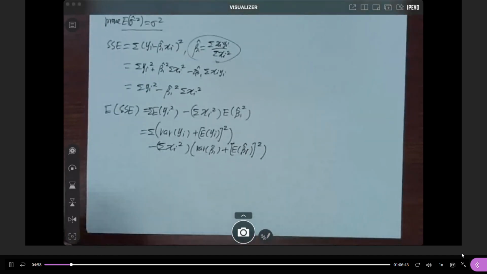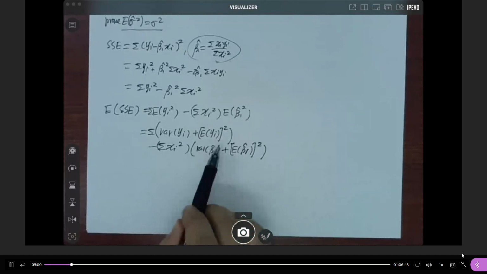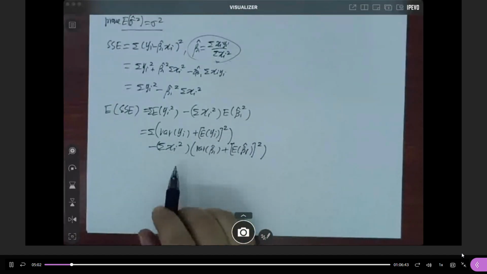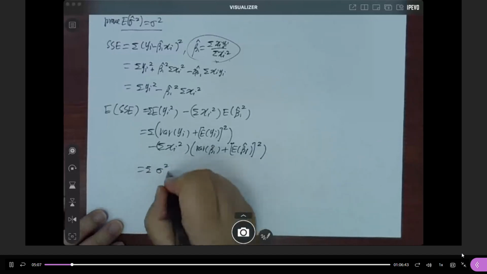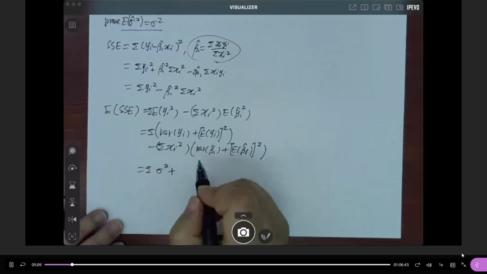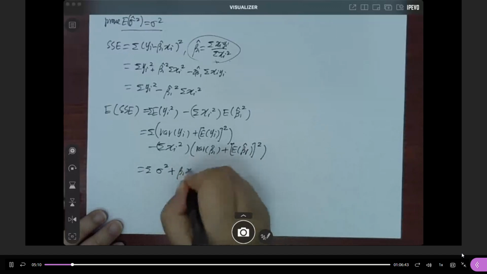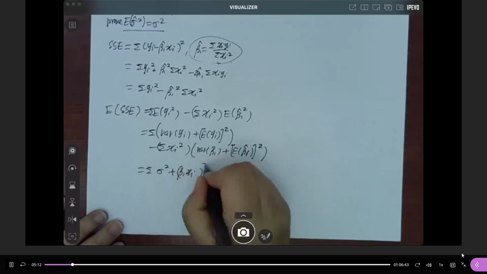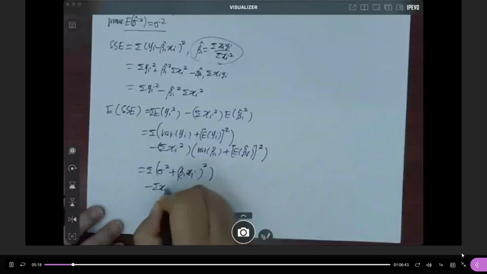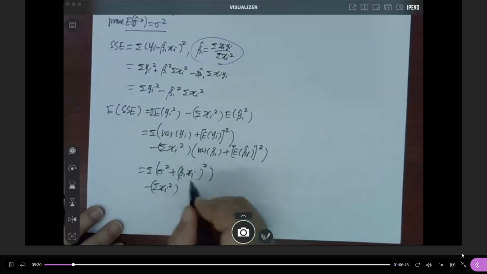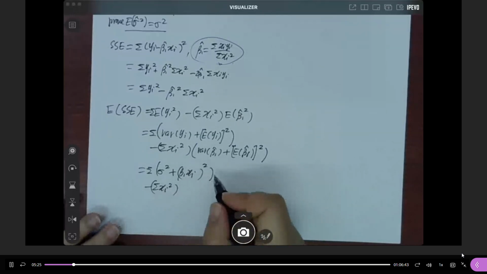Then you just plug in what E yi is and what the variance of y is. The variance of y is just sigma squared, right? So you have summation of sigma squared plus E yi, which is beta 1 xi, squared. This is within the summation for the first term. Minus summation xi squared multiplied by the variance of beta 1 hat.